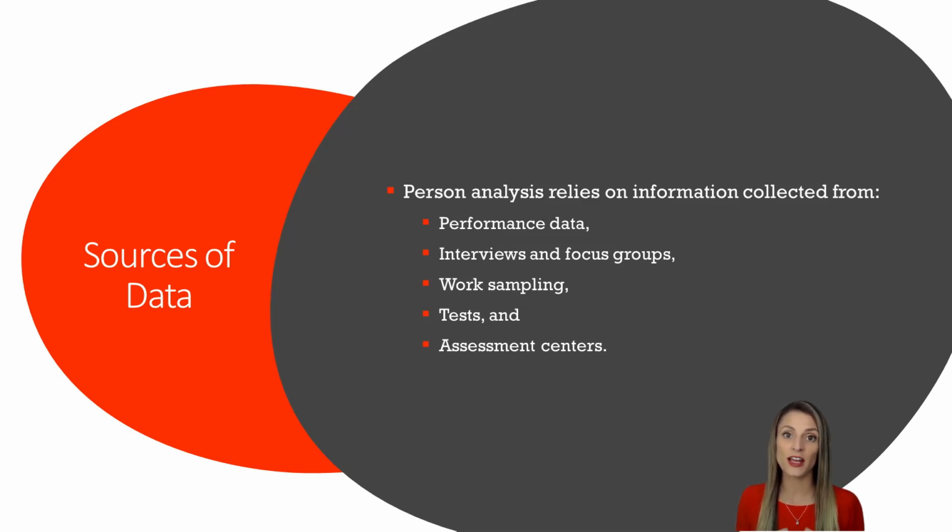These sources provide baseline data, information about where trainees stand today. Later, we would compare pre-training data to post-training data to see if any changes occurred. We then have ways of isolating training effects to determine if training was the source of any changes we identify. We'll learn more about training evaluation at the end of this course.